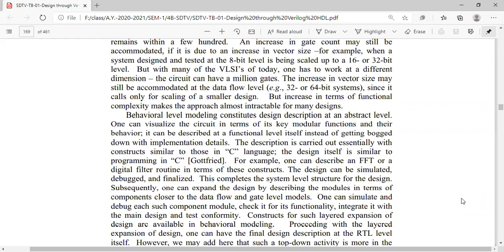For example, if you remember, for designing a parallel adder, we first prepared the full adder. If you are designing a 4-bit parallel adder, we take 4 full adders physically in the circuit.